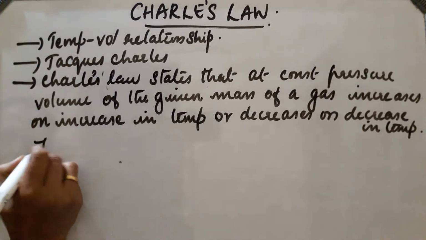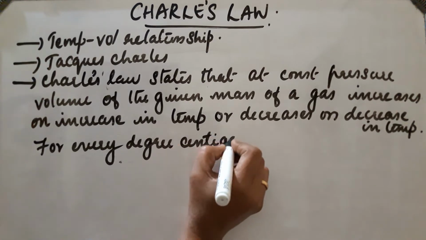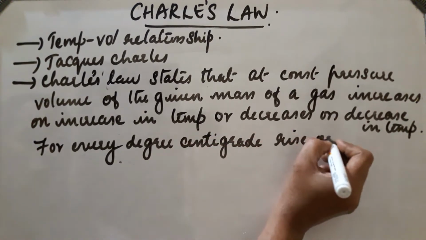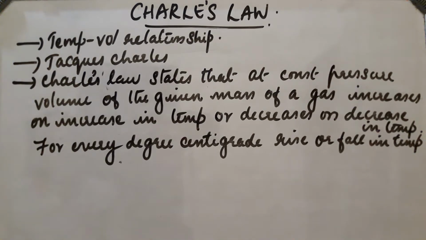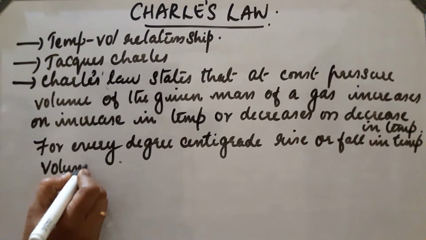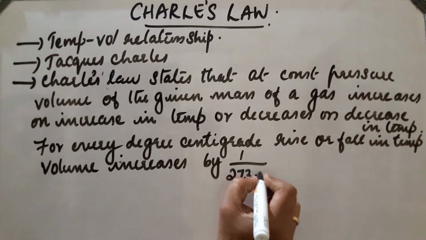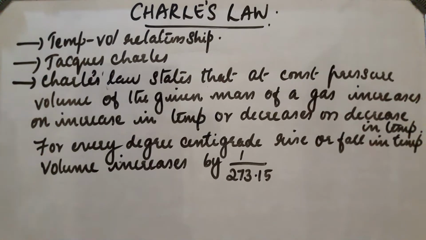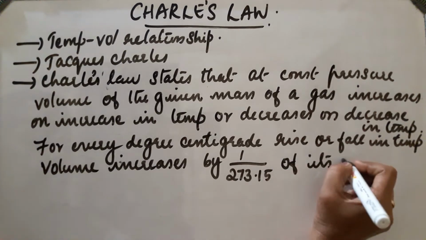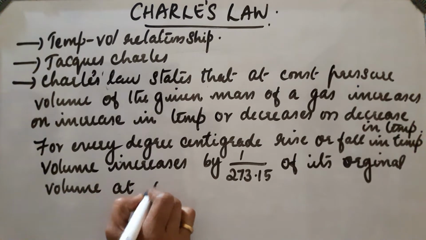For every degree centigrade rise or fall in temperature, volume increases by 1 by 273.15 of its original volume at 0 degrees Celsius.